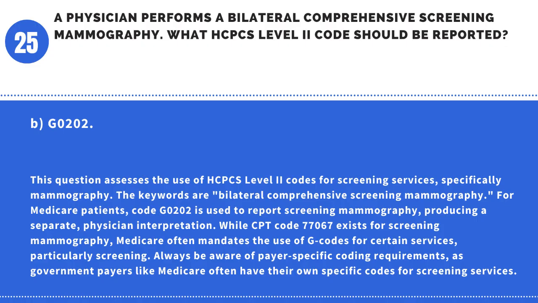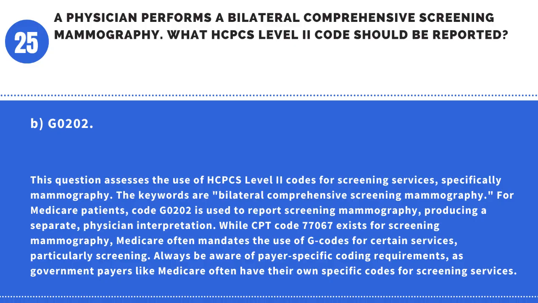Answer: B. G0202. This question assesses the use of HCPCS Level 2 codes for screening services, specifically mammography. The keywords are bilateral comprehensive screening mammography. For Medicare patients, code G0202 is used to report screening mammography, producing a separate physician interpretation.